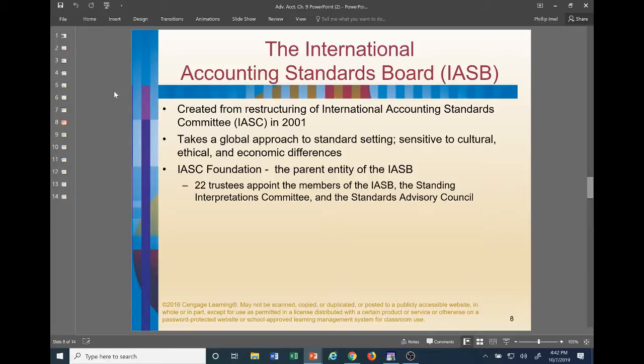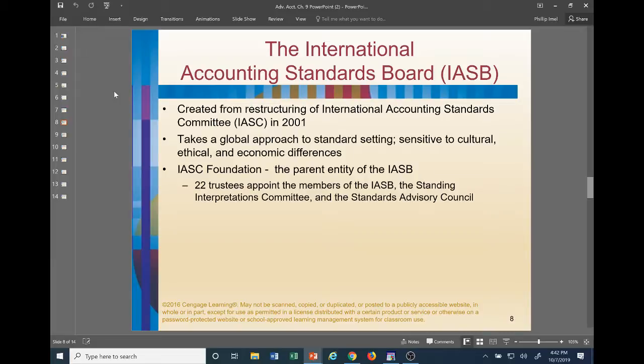Now, the structure of the foundation consists of the trustees, the board, the Standing Interpretations Committee, and the Standards Advisory Council. The trustees of the IASC Foundation are the ultimate governing body and appoint the members of the IASB, the Standing Interpretations Committee, and the Standards Advisory Council.